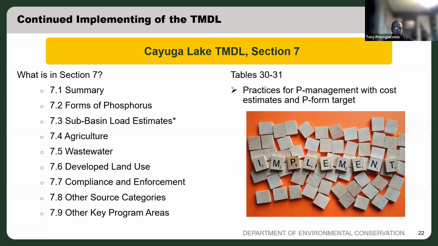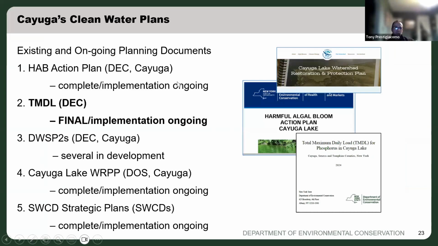As new and more current information becomes available, obviously people can use that information and data to make adaptive decisions if they choose. And in Tables 30 and 31, there are practices for phosphorus management with cost estimates, if needed, that target both total phosphorus and soluble phosphorus to maximize some of those soluble reductions to get even more improvement in chlorophyll A.